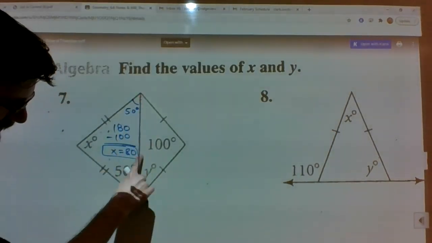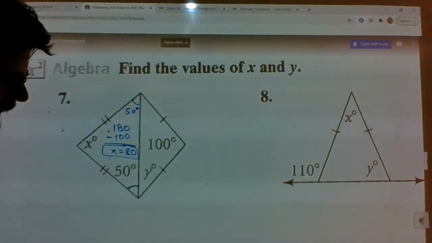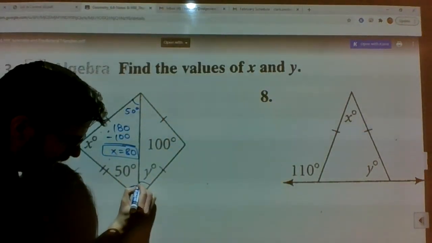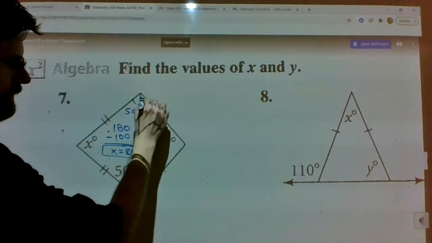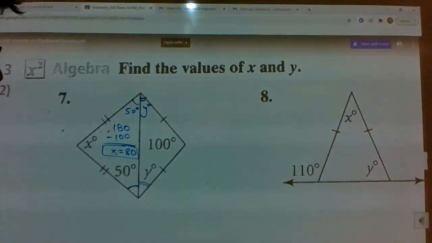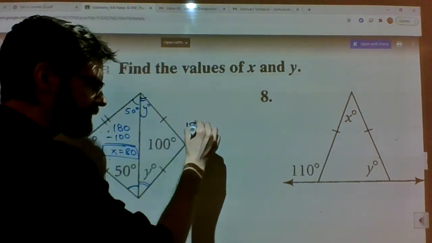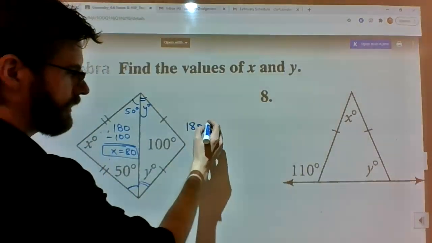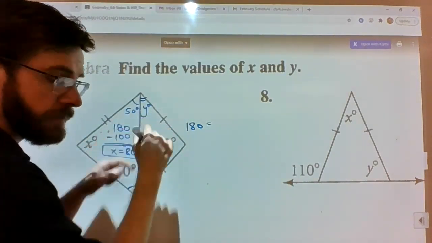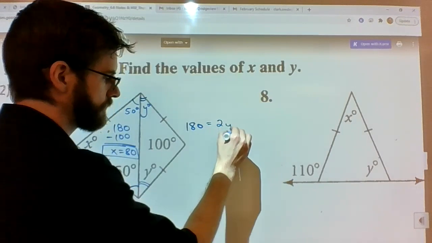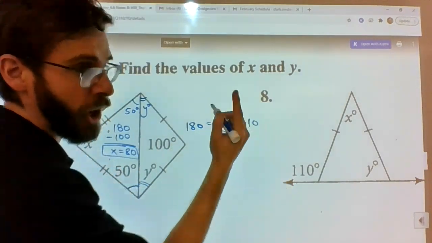Over here, we've got another isosceles triangle, which means if this is y degrees, then that's y degrees. Which means 180 degrees equals y plus y, which is 2y, plus the 100-degree angle right there.